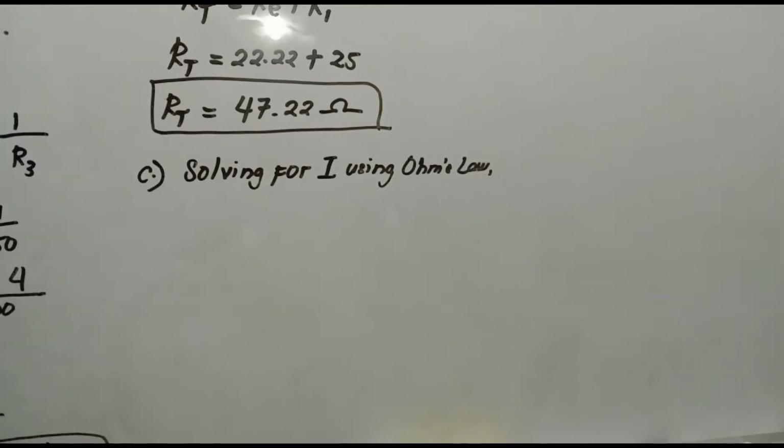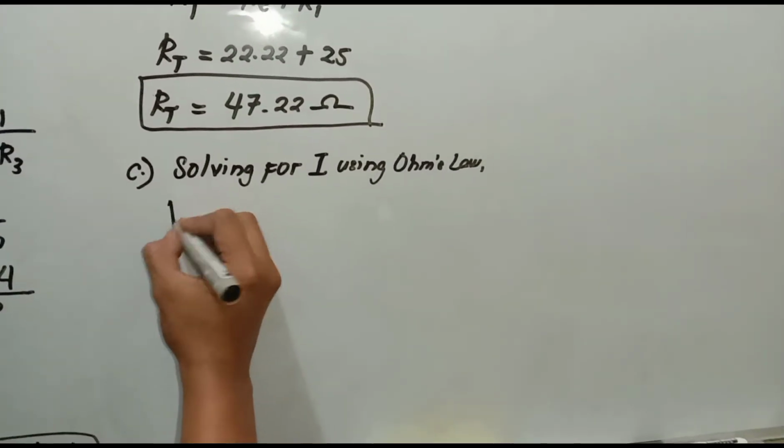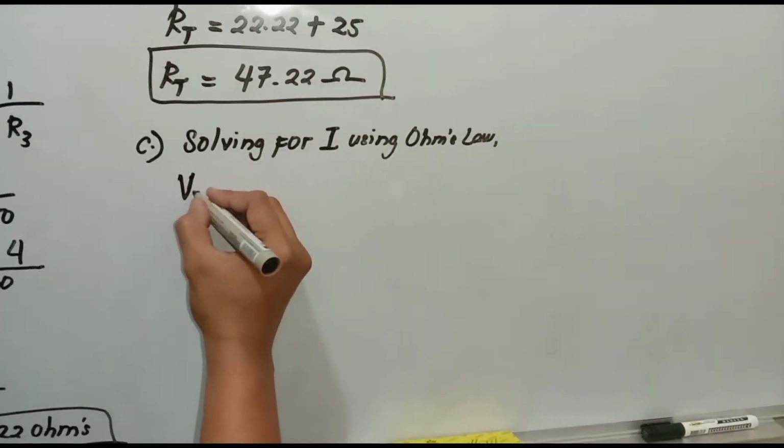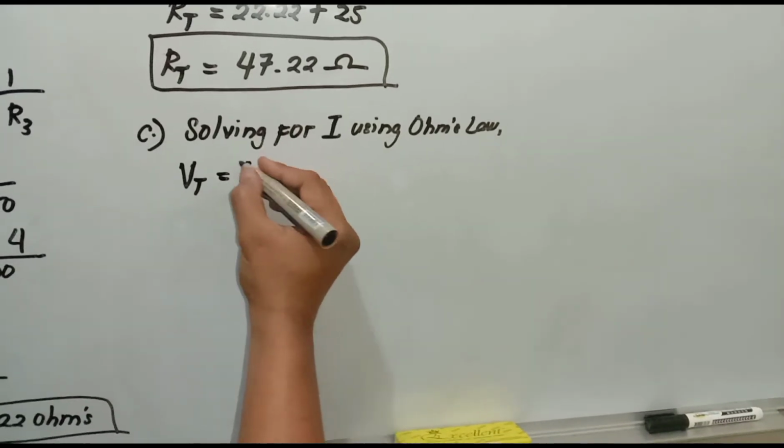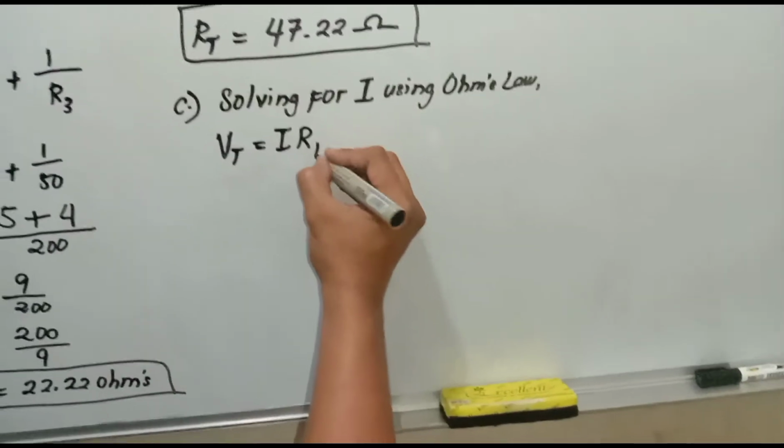So the total voltage is equal to the total current I times the total resistance.